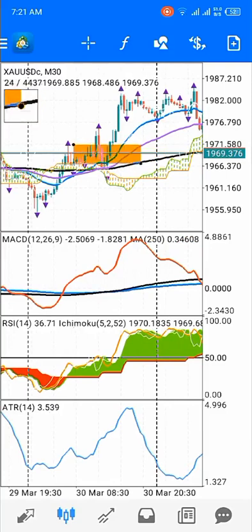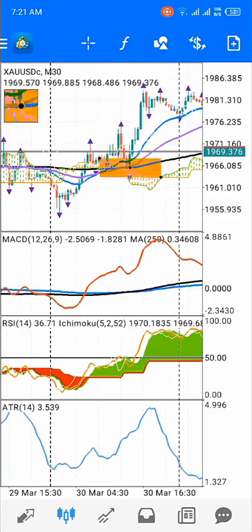Price is developing above all indicators, and that's the point where you get to buy, where you see price forming higher highs above the fractal point. That's when you get to buy or place your buy order.